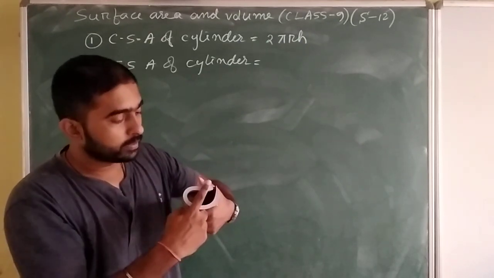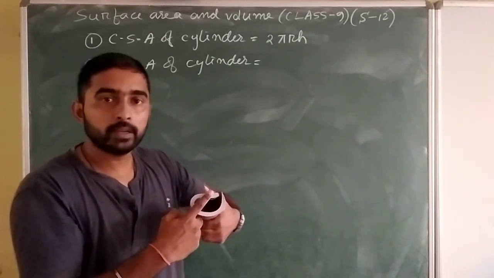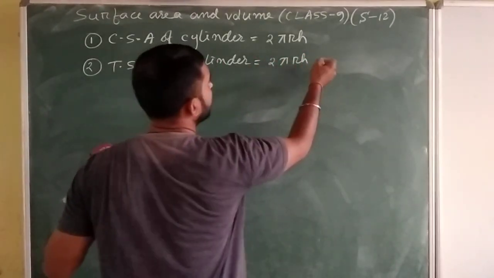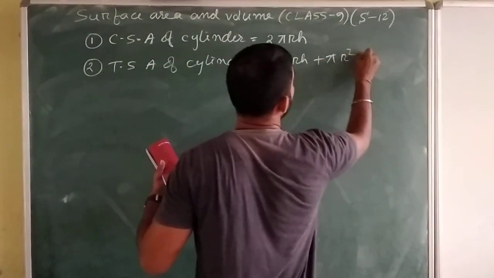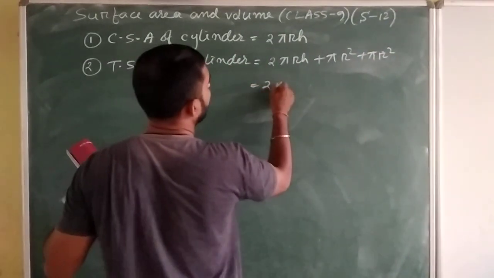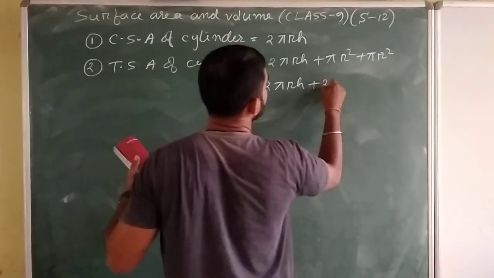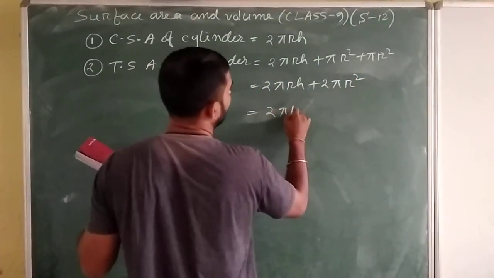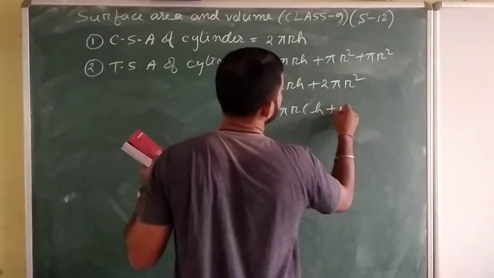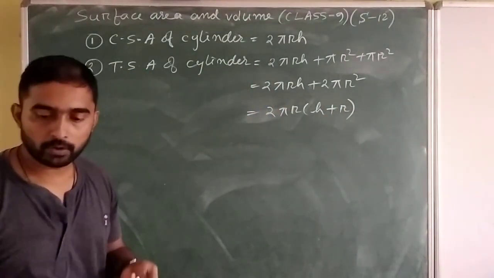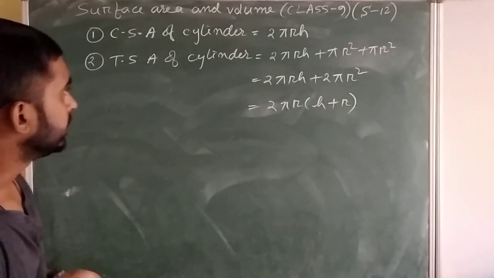What is the area of this portion? That is also pi r square. So the total surface area is 2 pi r h plus pi r square plus pi r square. That is 2 pi r h plus 2 pi r square. So we can take common 2 pi r into h plus r. So this is the total surface area of a cylinder.